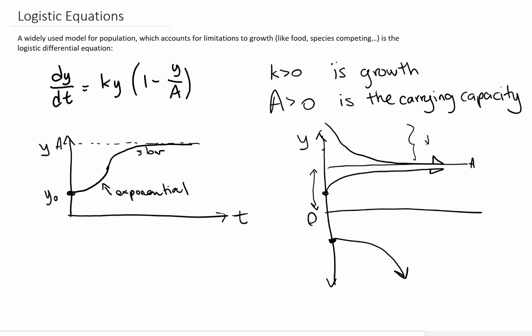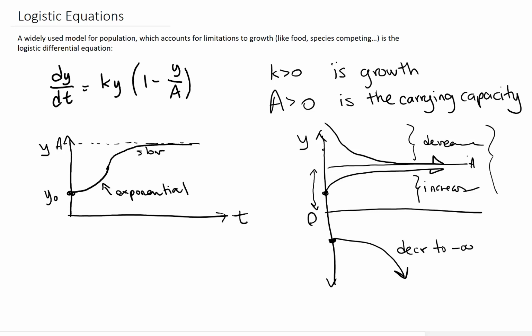This kind of function will decrease. This kind of function will increase. And this one just decreases to negative infinity, as I said. The stable solutions are ones that come to an equilibrium. They're called equilibrium solutions, and that's basically these two.